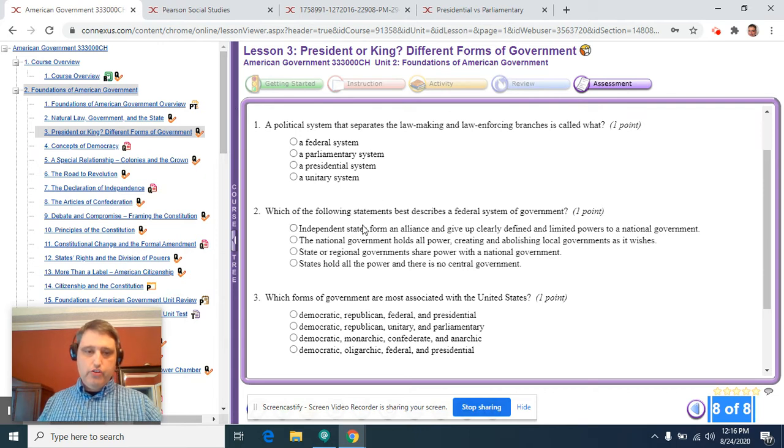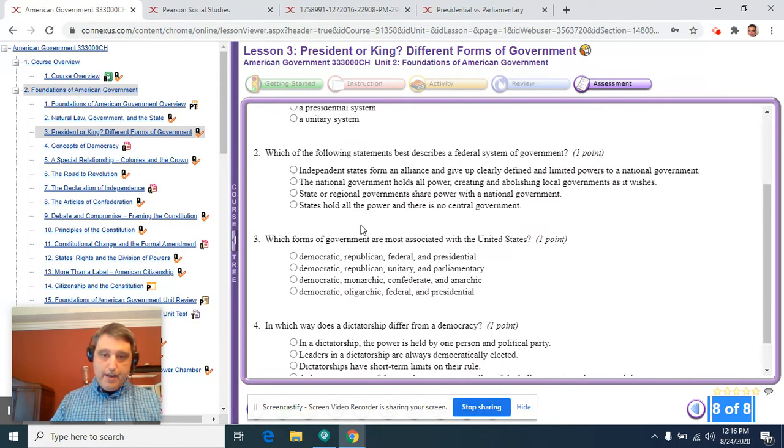Okay. Question 2. Which of the following statements best describes a federal system of government? Okay. Remember the federal system, we talked about those 3 types of governments in terms of how power is spread out geographically. We had the unitary system, we had the federal system, and we had the confederate system. Okay, but this talks about the federal system.